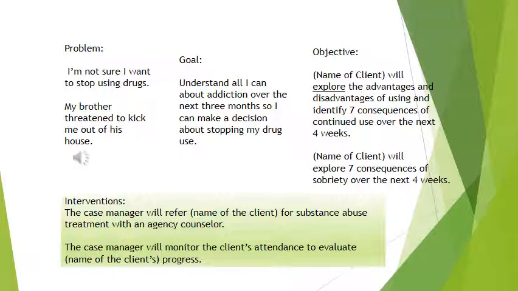And if the client is willing to do so, the case manager can make that referral. The case manager could also monitor the client's attendance to evaluate the client's progress. This doesn't mean necessarily that the case manager is going to do an evaluation of the therapist providing the service. It's basically the case manager monitoring that the client attends or has no-shows and finds out from the client what might be barriers to keeping appointments.